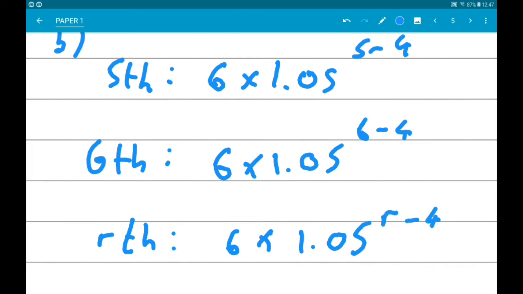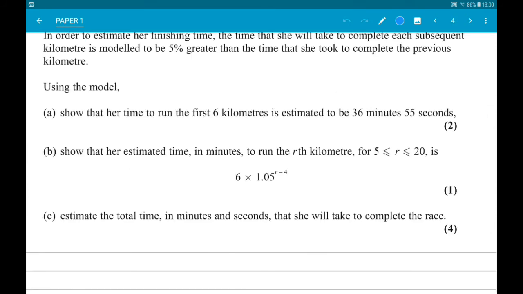So, what we've got is a geometric sequence here, where the common ratio is 1.05. But C wants us to estimate a total time in minutes and seconds to complete the race. So this is going to involve a geometric sum.